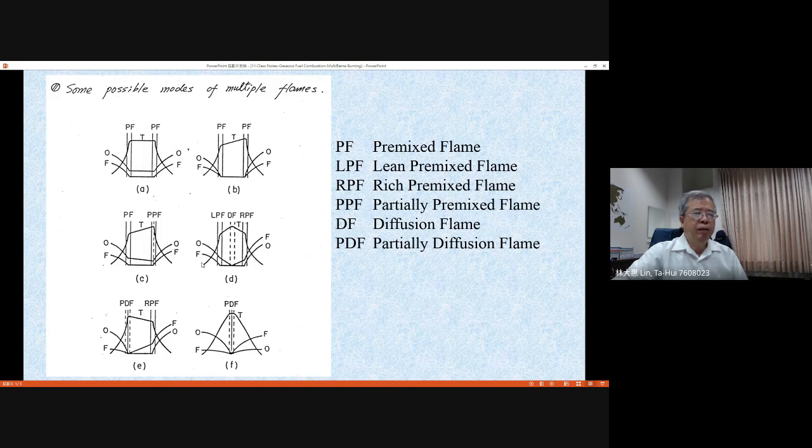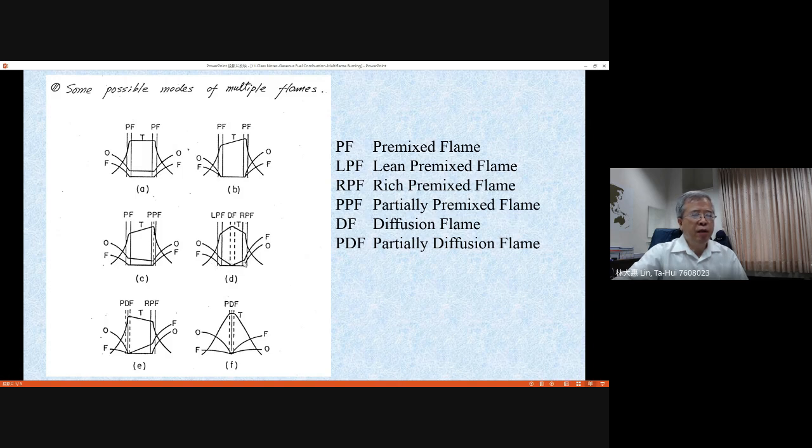Okay, and for both premix frames, actually they are normal, because they show the supply of fuel and oxygen from the upstream sides. But the interesting thing is what happens in the downstream side. From the right-hand side, you will have some excess fuel left in the downstream, right? And then you have oxygen left in the downstream side of the lean premix frame.